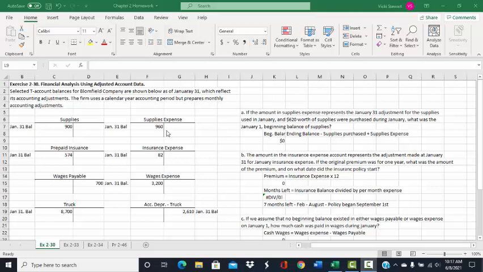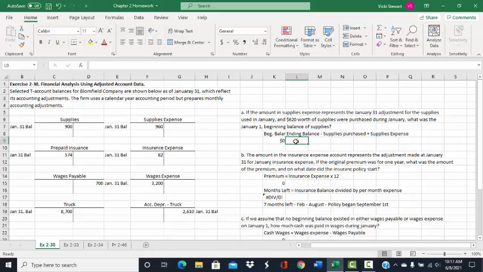So if we wanted to get the beginning balance just using these two, we would just add these together. But the problem states that we had purchased another $620 worth of supplies during January, and we know that those wouldn't have been in the beginning balance. But some of those could be ones that we expensed.